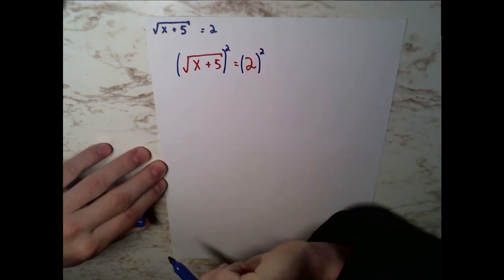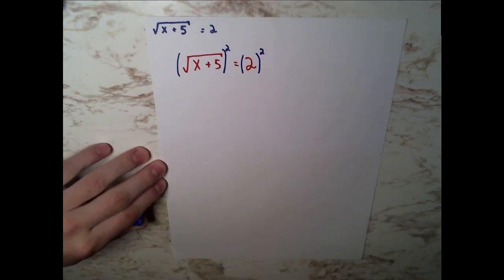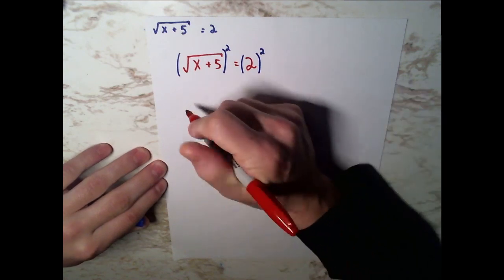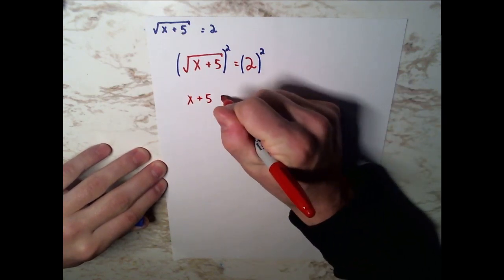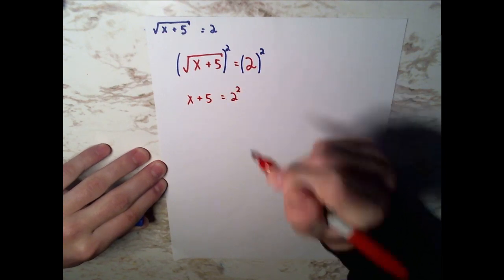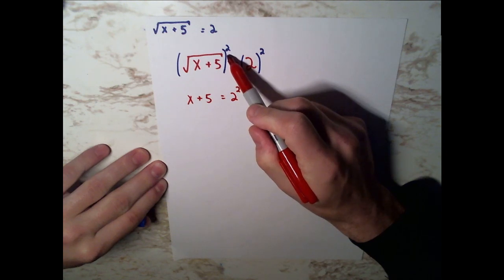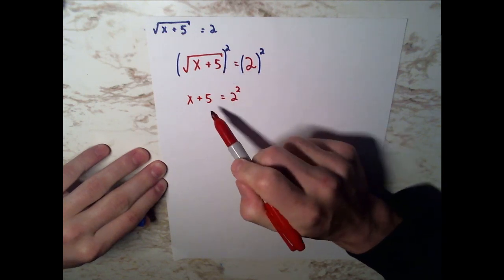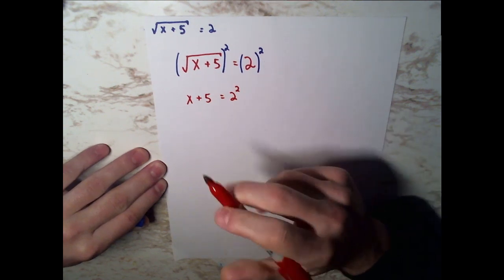So this side is also going to end up getting squared. So what we're left with is x plus 5 equals 2 squared. Here the square root and the square cancel, and we're just left with x plus 5, and over here we just have 2 squared.